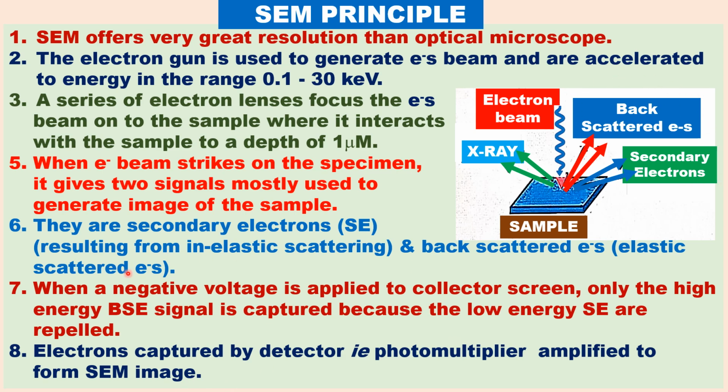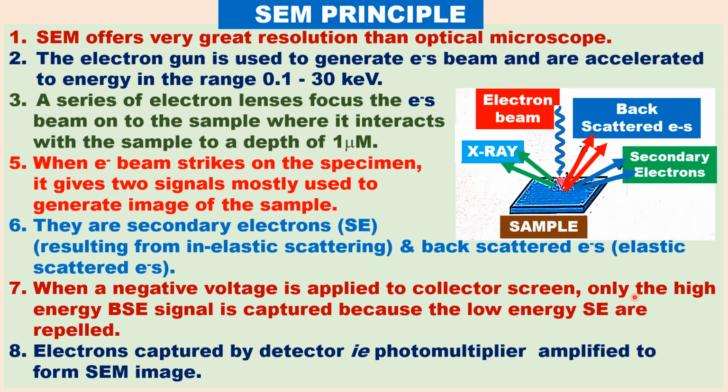These electrons are collected by the collector screen. When a negative voltage is applied to the collector screen, only the high energy backscattered electrons are captured to give the image, because the low energy secondary electrons are repelled by the negatively charged collector plate.